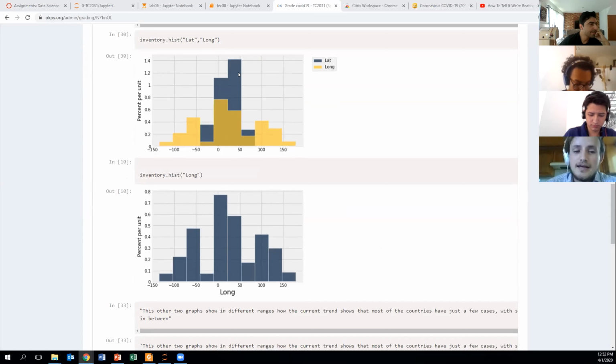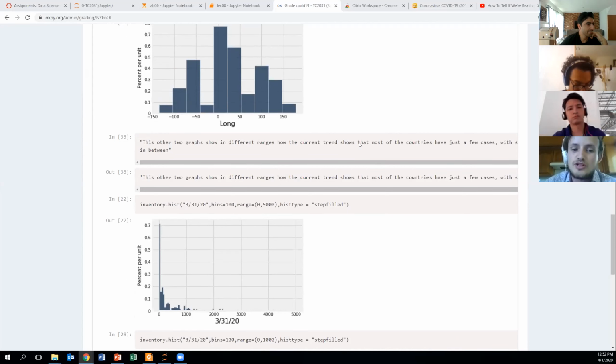Even though it can spread by air, it's most likely to spread by other means, like by water or different methods. We can see most of the cases are centered, and that means countries in those spaces have more cases. I couldn't put the map, but if we had a map, we could see those centered countries having the most cases.